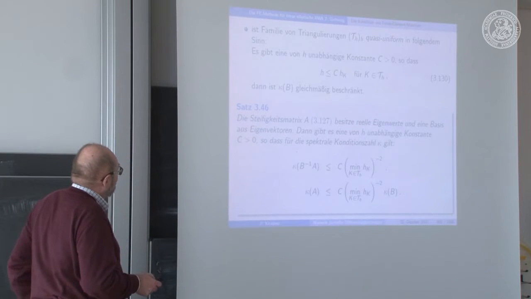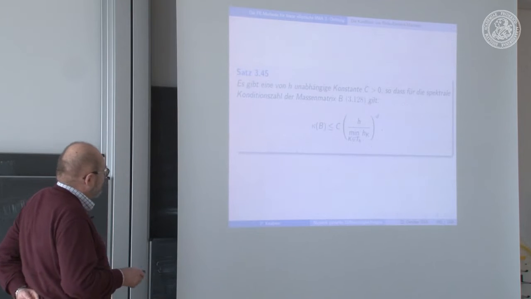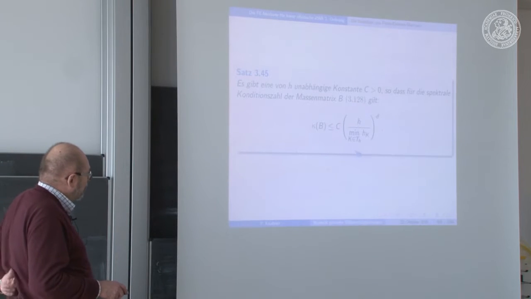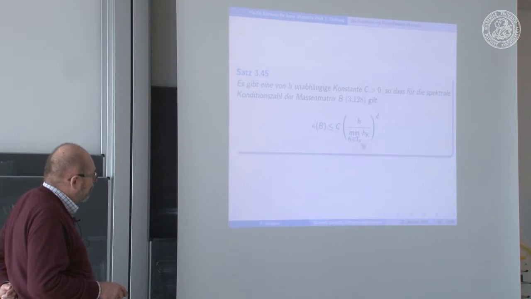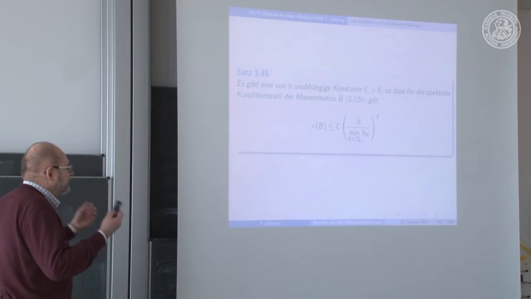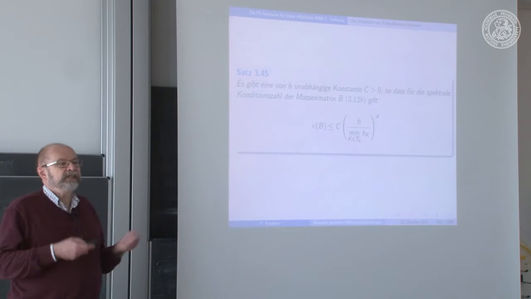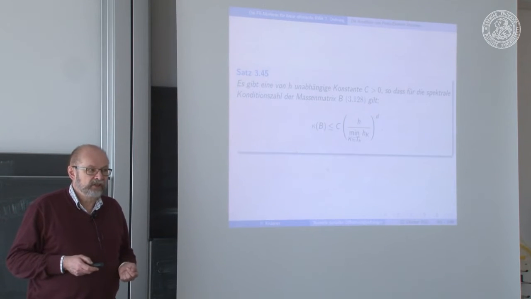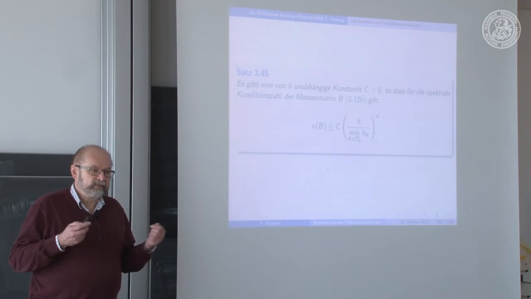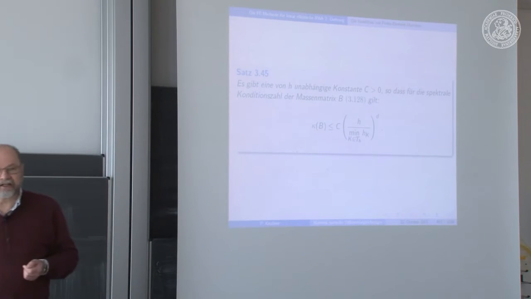So if the triangulation is quasi-uniform, then we can estimate the minimum of the h_k from below by a constant times h, and that means we can bound this whole thing with a constant. So it basically says the condition number of the mass matrix is bounded independent of h. So there's no problem with solving systems of equations with a mass matrix.